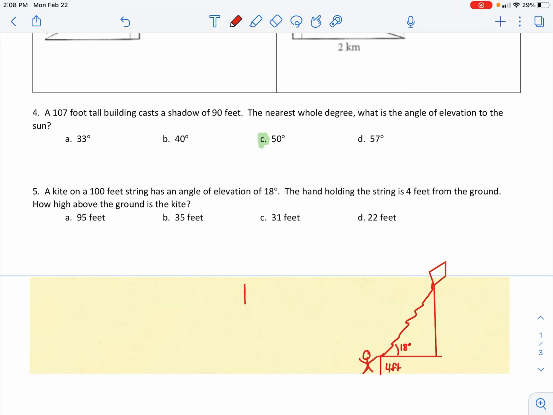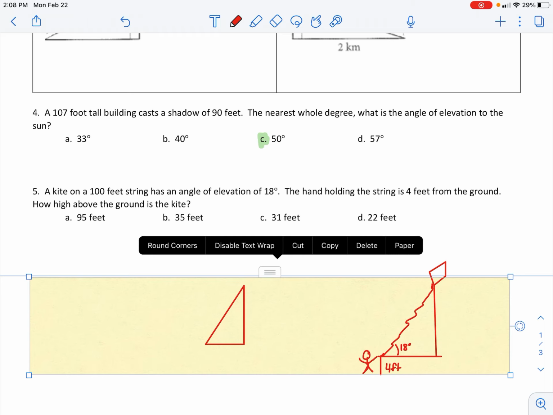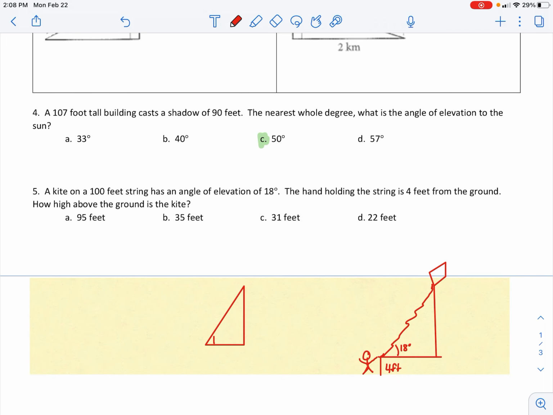So we have a triangle. We have 18 degrees here, and this string for that kite is 100 feet. So we have 100 here. We need to find how high that kite is above the ground. So we're finding this measurement, x. So let's go ahead and use trig to find that x.